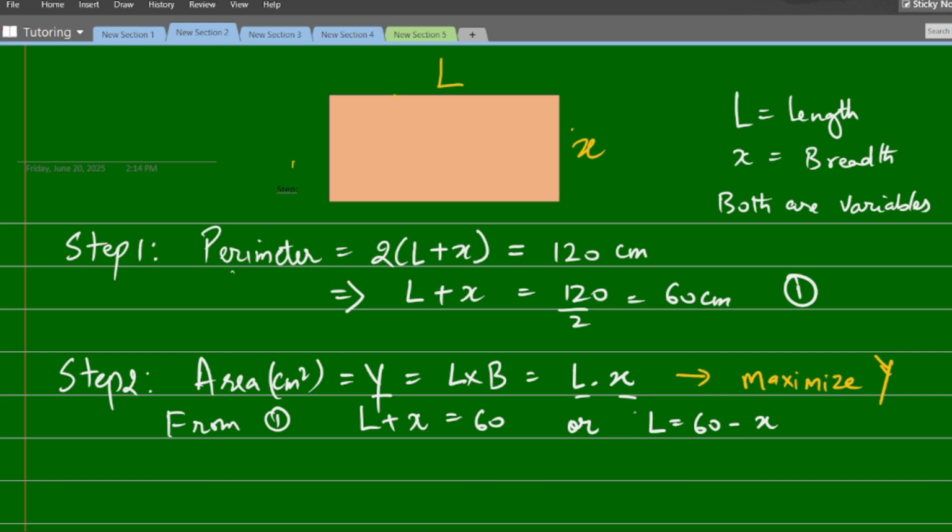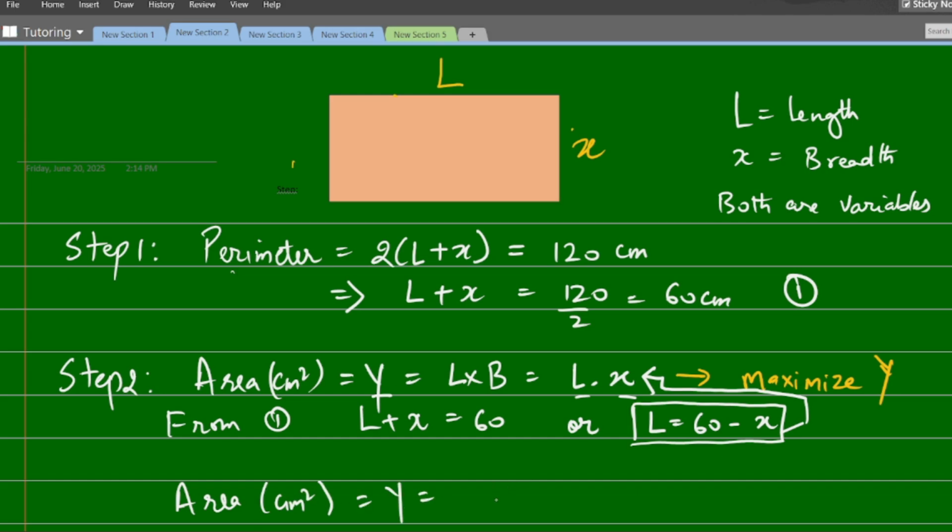Now this thing will go here. So now the area will be L, which is 60 minus X times X. And if I open the bracket, this will become 60x minus x squared.